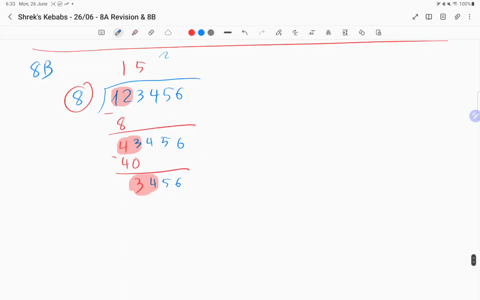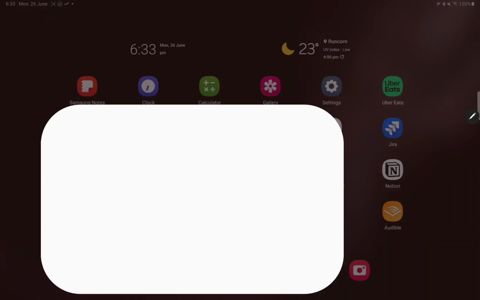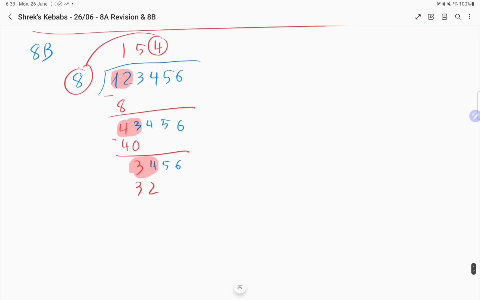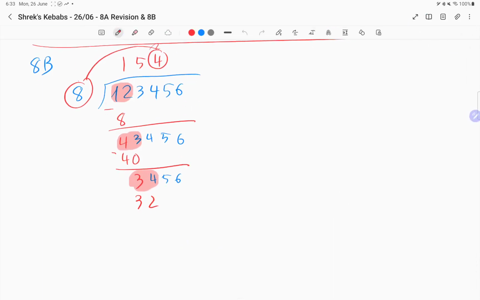It's 4, because 4 times 8 is 32. That's the closest to 34 without exceeding it. It's the largest number possible to make it closest, the largest factor.